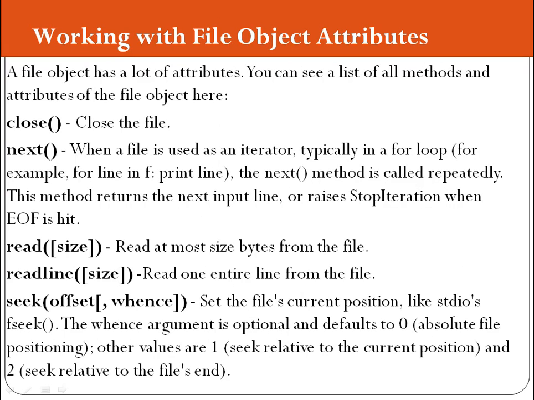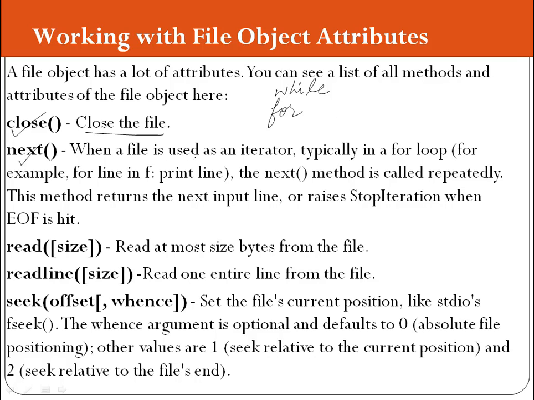Now we are moving towards working with file object attributes. A file object has a lot of attributes. So we can list all the methods and attributes of the file object, such as first we have the close method for closing the file. Next method, when a file is used as an iterator. We have already seen the iterative methods like while or for loop, in which we are doing some iterations, right?